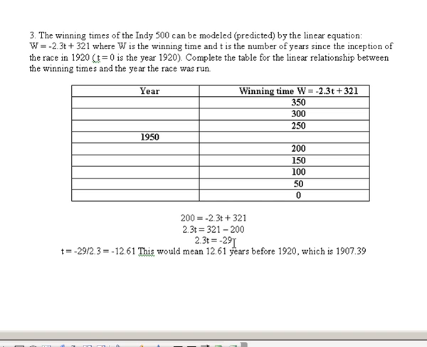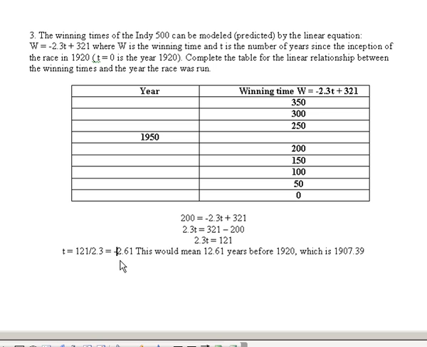If you subtract the 200 from 321, you get 121. You still have to divide by the 2.3, so it would be 121 divided by 2.3, and you get 52.61.